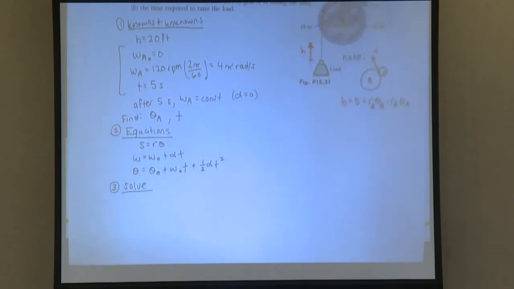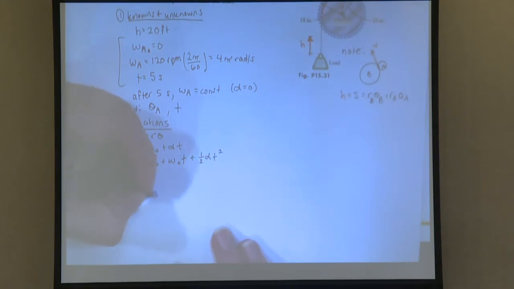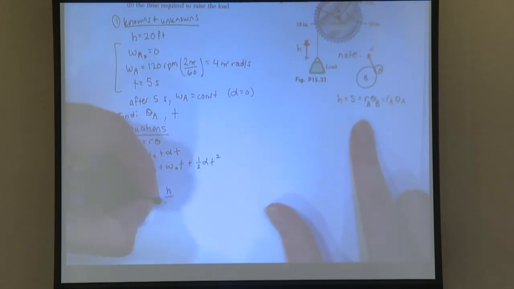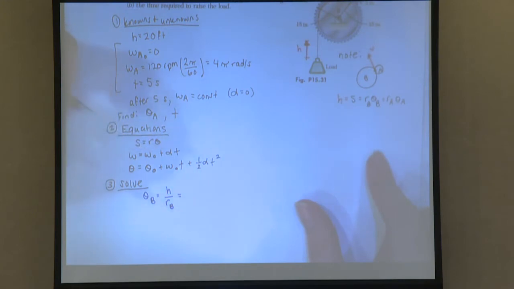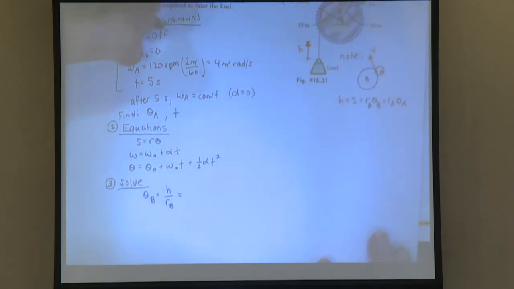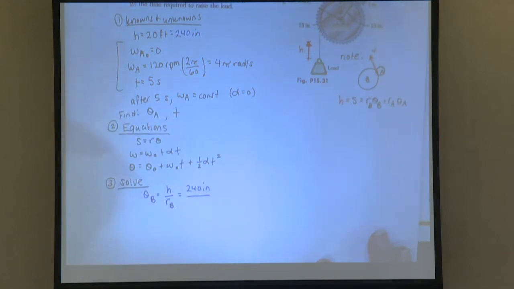So we can say that theta b, from our arc length equation, is equal to h divided by rb. I'm going to convert the 20 feet into inches. So 20 feet is 240 inches. So 240 divided by the radius of B, which is it 18 or 15? 18.